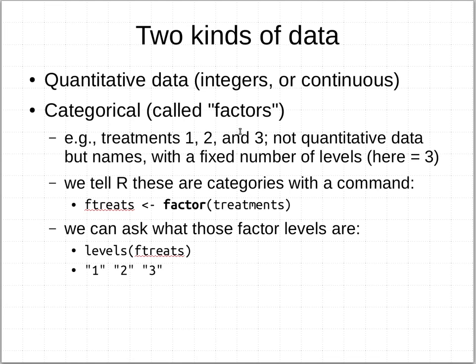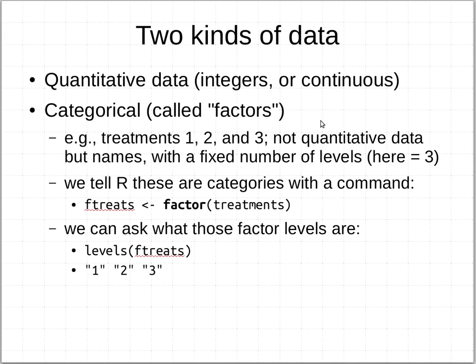Because of course those are quantitative, and R would see those and by default think of them as quantitative data, like integers, right? When in fact what you mean is that those are things named or with a category of treatment 1 or treatment 2 or treatment 3 or something, okay? So they're names, not really numbers.